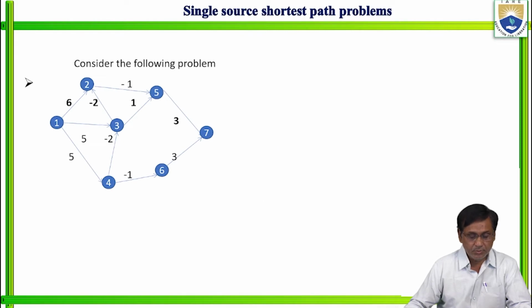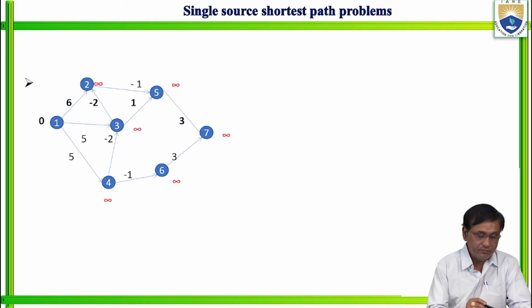Now, consider the problem. Let one be the starting vertex. If one is the starting vertex, all other vertices, 2, 3, 4, 5, 6, 7, 8, should have their distance marked as infinity.